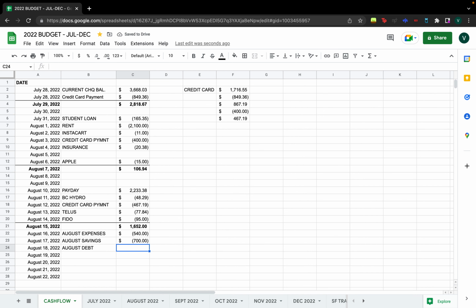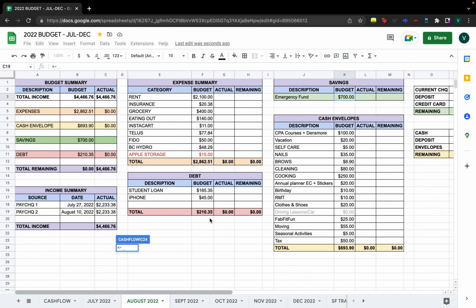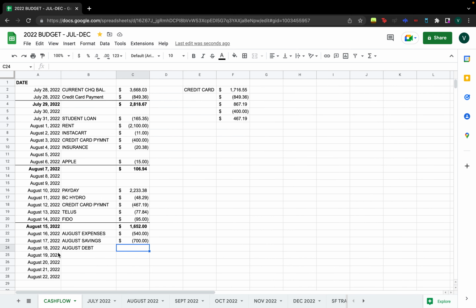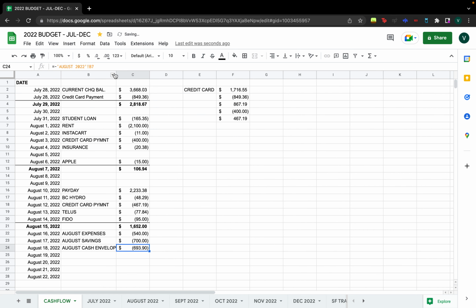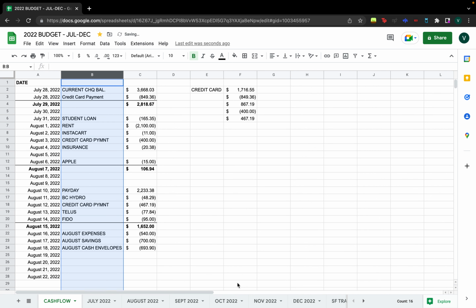Ideally, let's see how I actually end up doing. And then debt, we already took both of these, so that's fine. So we will say August cash envelopes, which will be $693.90.